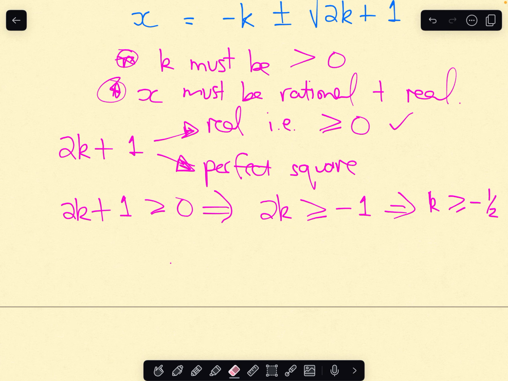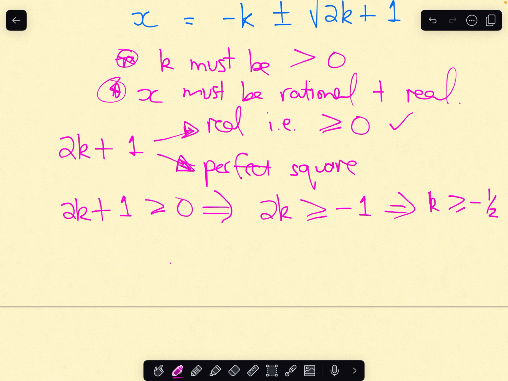So any square is fair game. I think that's what I was trying to get at. Just by virtue of us choosing a k such that 2k plus 1 will be greater than or equal to 0, that establishes that I can choose any square to make 2k plus 1 equal it. There isn't a restriction on that.